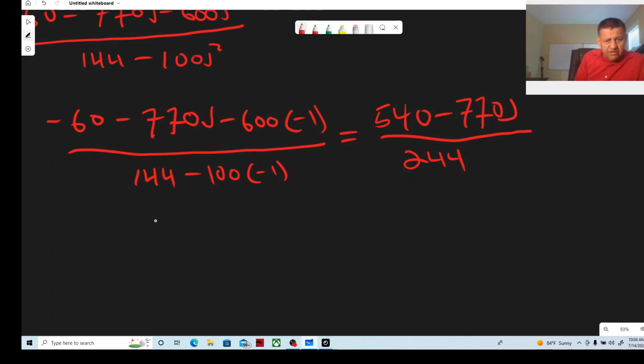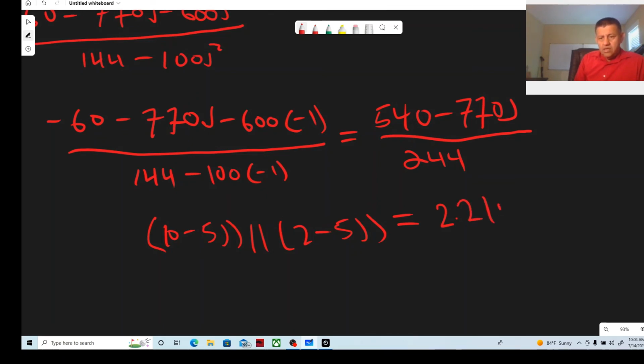We can say that the combination of this parallel, which is going to be 10 minus 5j in parallel with 2 minus 5j, is equivalent to 2.21 ohms minus 3.15j ohms, right?